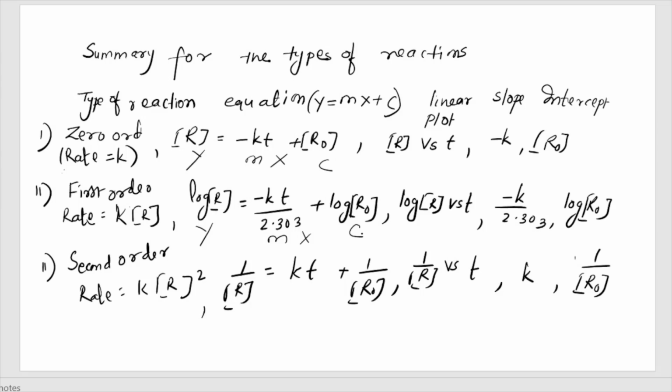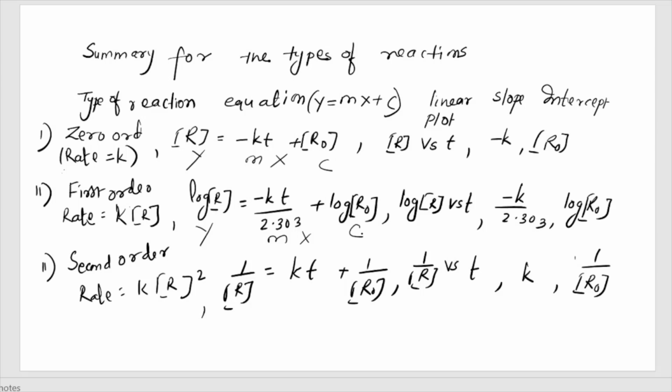Second order, rate equal to k r to the power 2. This indicates that it is second order. If it is third order, then the rate equals k r to the power 3. Then what is the integrated equation here? 1 by r equals kt plus 1 by r0.